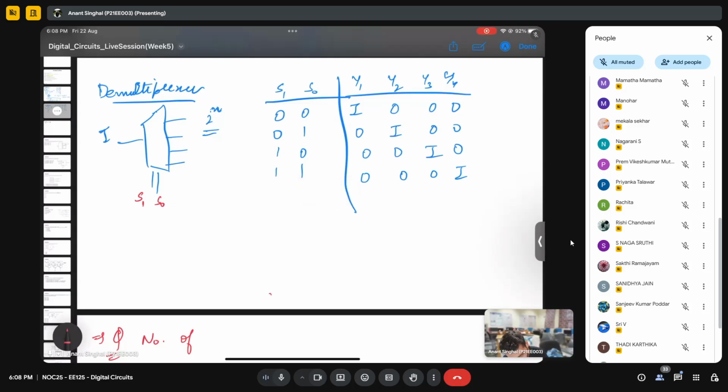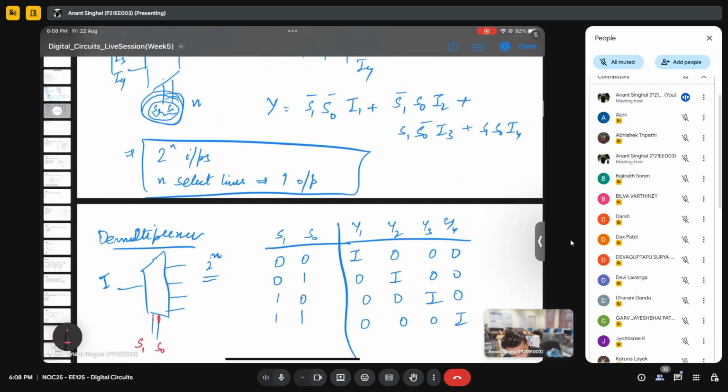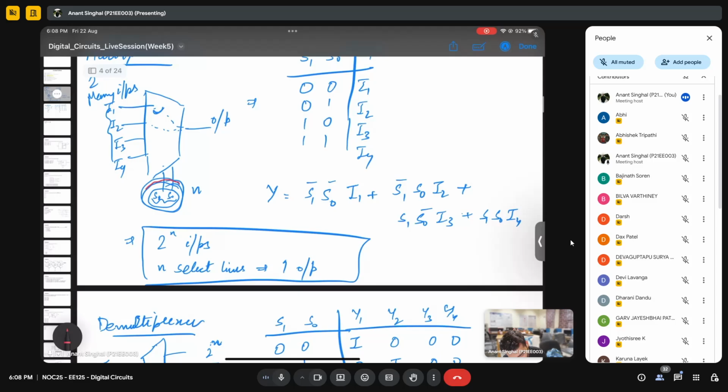What I'm saying is, in the multiplexer, every select line corresponds to a particular input. Let's say it is 0 0, then that input, I1, will be connected to the output and will be the final output. That is what we have written in the expression form also.